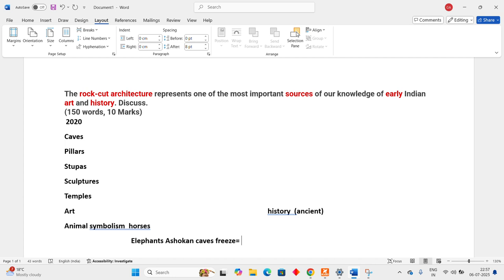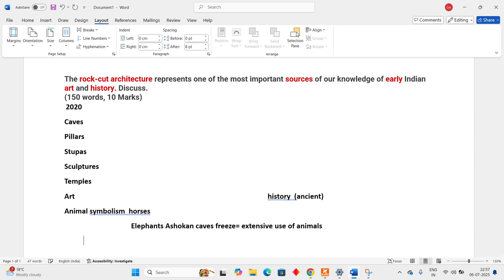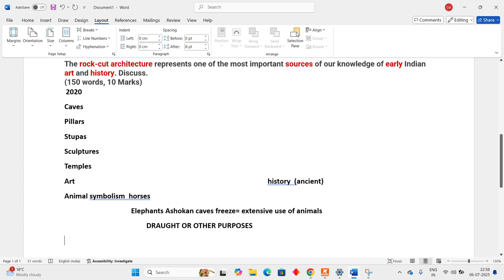This equates to extensive use of animals, maybe as draught animals or for other purposes. Then if you were to do some more examples, this is animal symbolism.